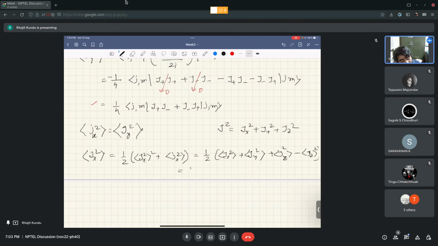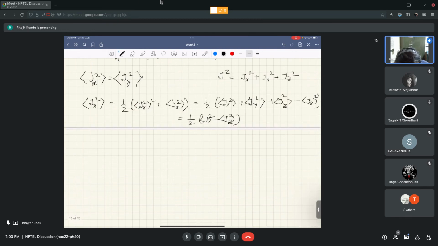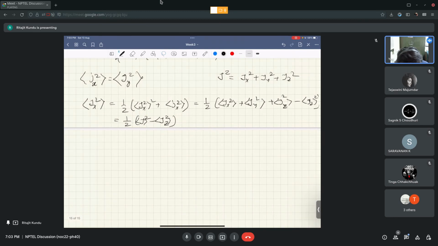So the first three terms actually give me j square, and the last term gives me jz square. As I said, I only know the eigenvalue equations of these operators, so I'll evaluate the expectation of this and the expectation of this. Let's just put the eigenvalues directly.